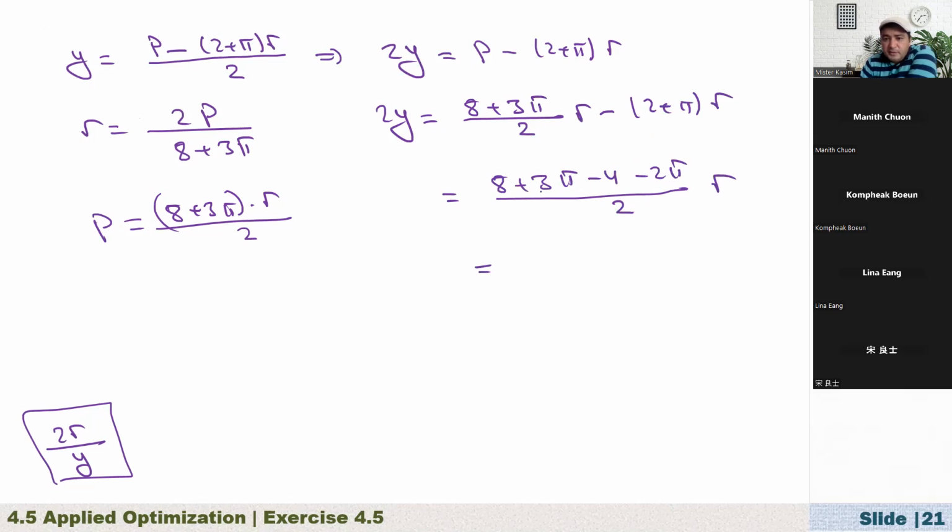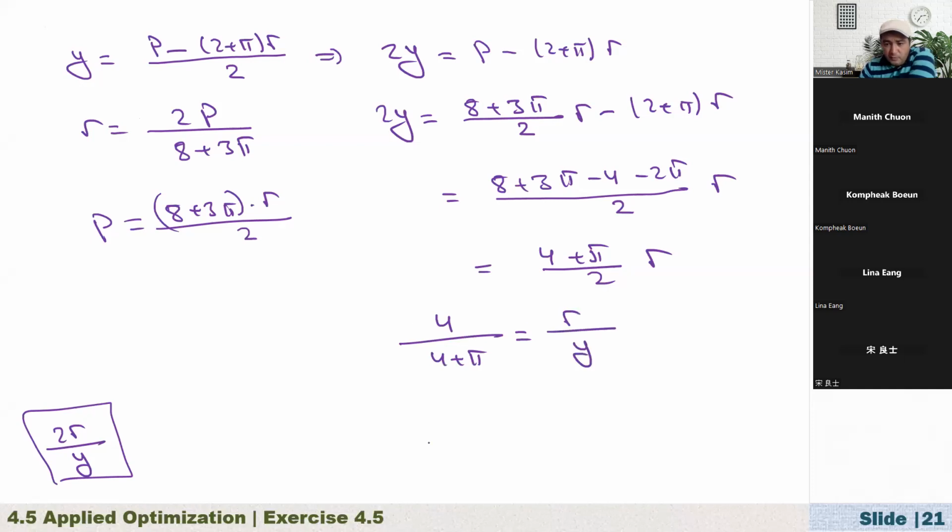So that's equal to 8 minus 4, it is 4, 3 minus 2, it is pi, so 4 plus pi over 2 r. So we have to find 2r over y. If you just cross multiply, and 2 goes here, we have 4 over 4 plus pi is equal to r over y.